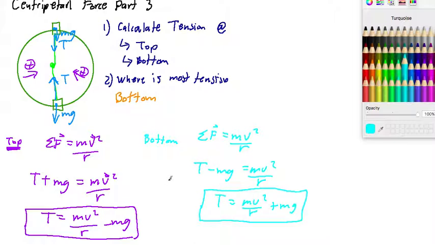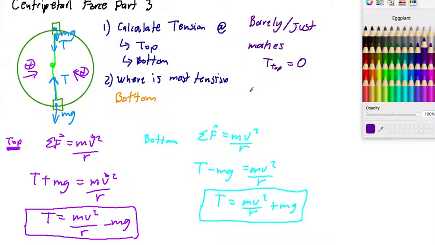I just wanted to point out something really interesting. Some problems will tell you what the velocity can be at the top. Usually at the top, if it barely makes it, the wording can be different, that means that T at the top is going to equal 0.